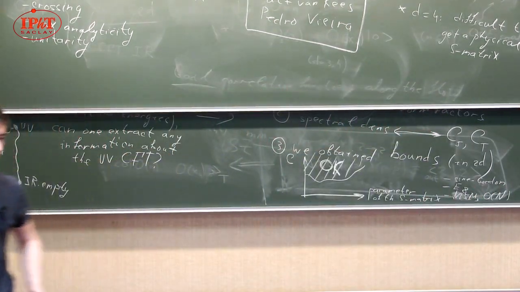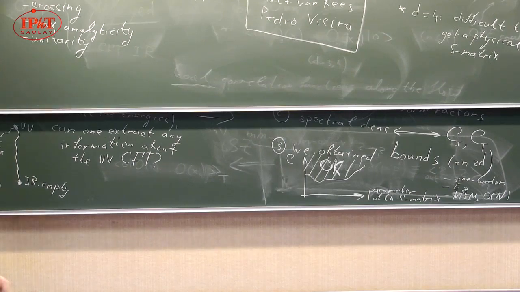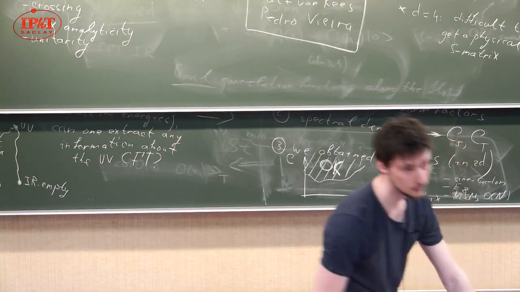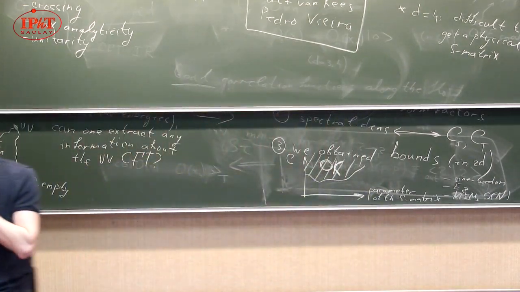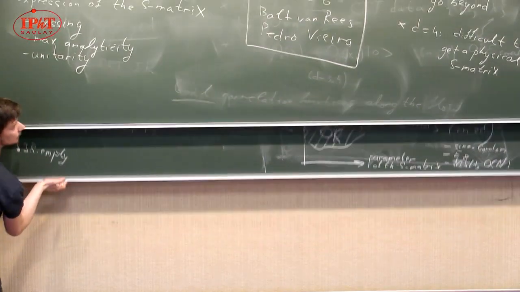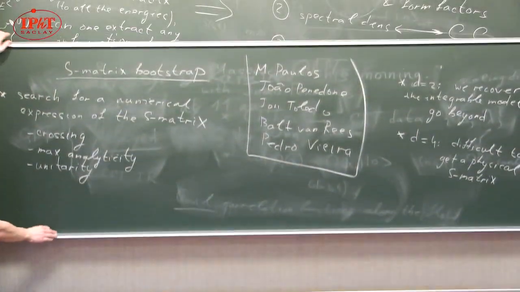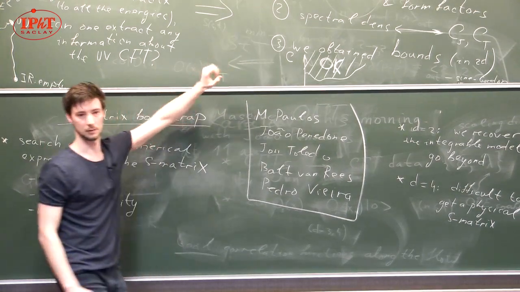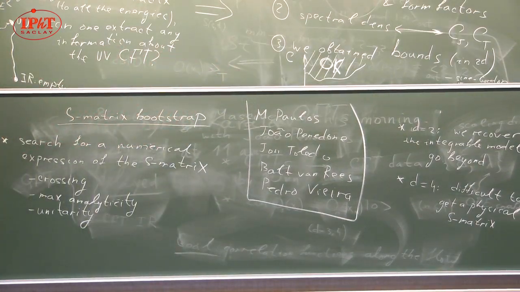And we have some plots. This is the goal. From now on, I'm going to go into details of this method, how this is done. So if you have more questions, it's a good moment.